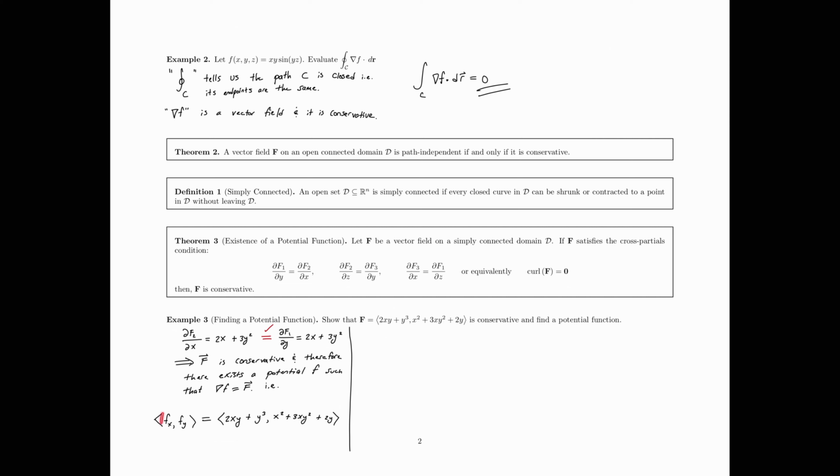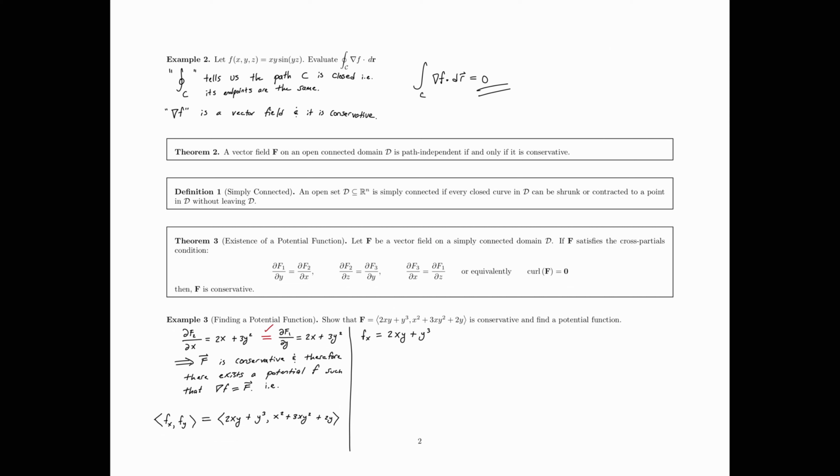Because this first component has to equal this first component, we can go ahead and set them equal. So f sub x, the x partial derivative, is equal to 2xy plus y cubed.